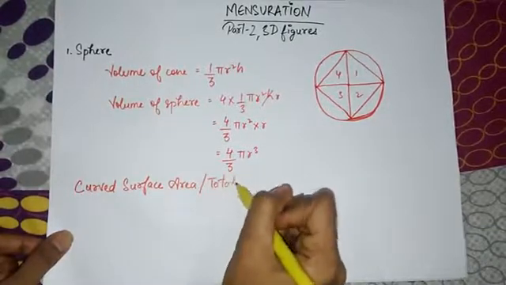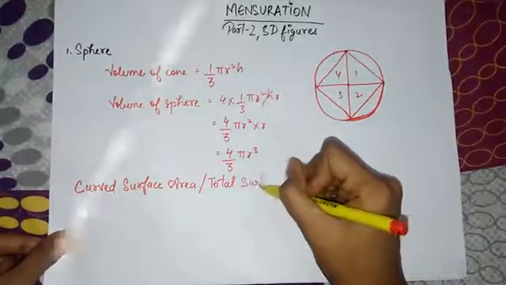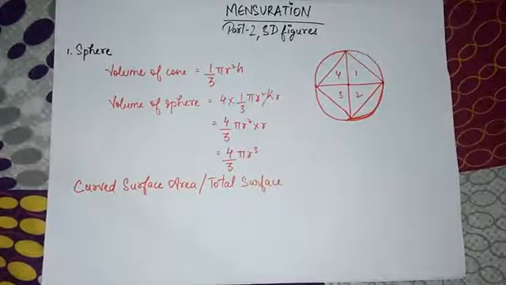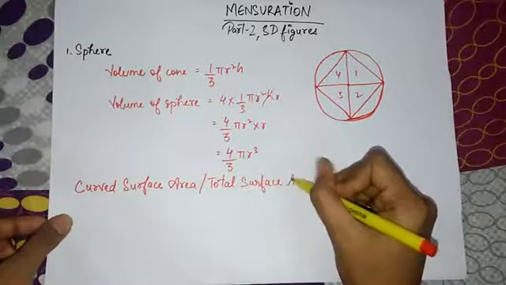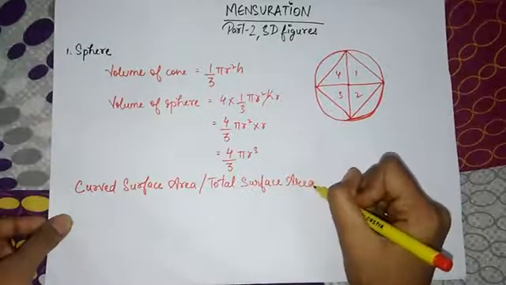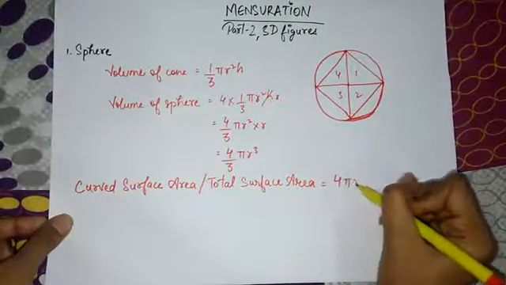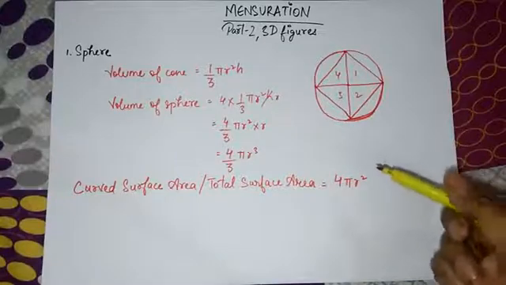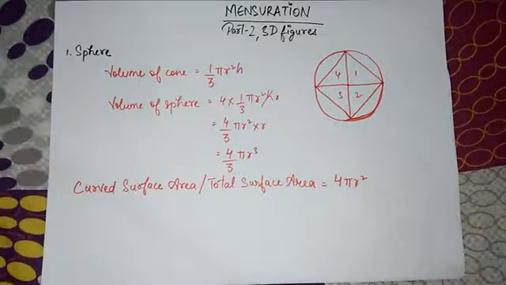So for a sphere, the curved surface area and total surface area are the same. Okay, what is that? It is a very simple formula, 4 pi r square. I hope you don't need any easy way to remember this formula. It is very simple, 4 pi r square.